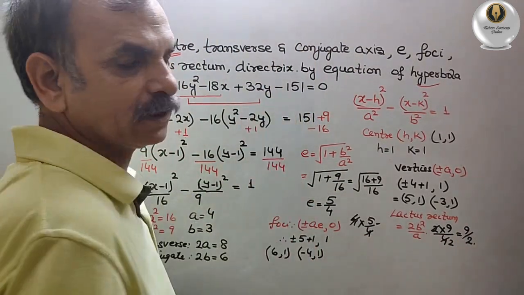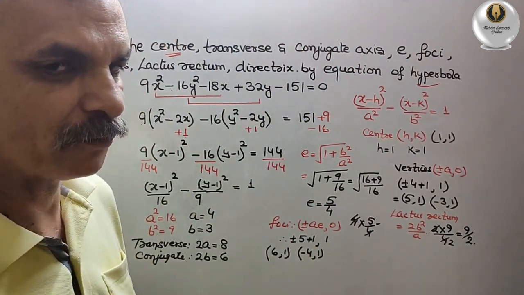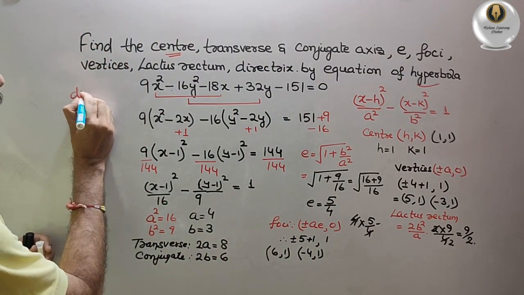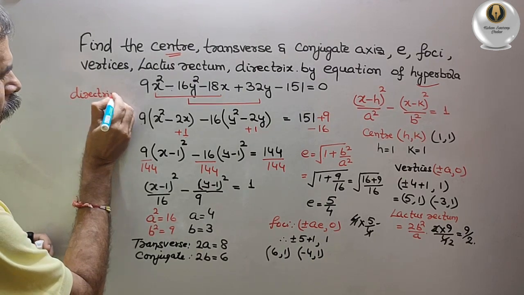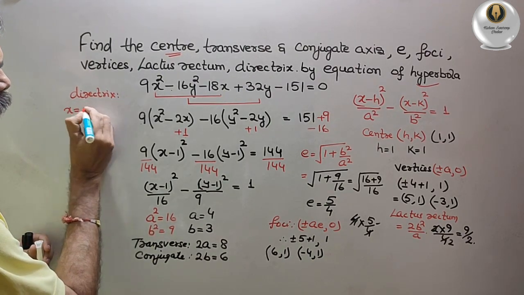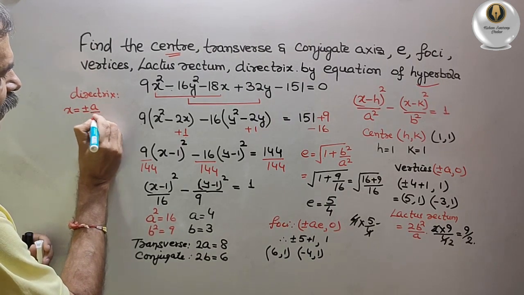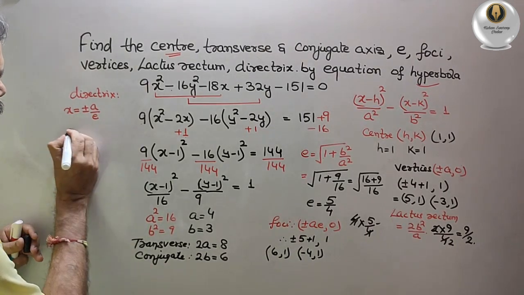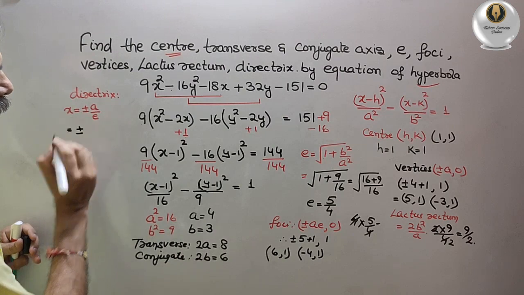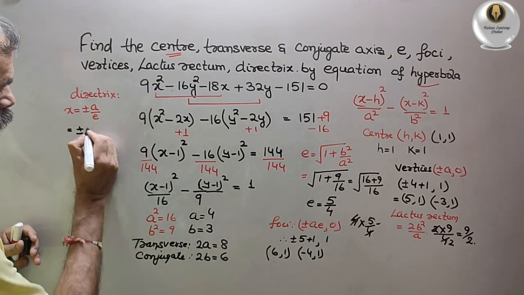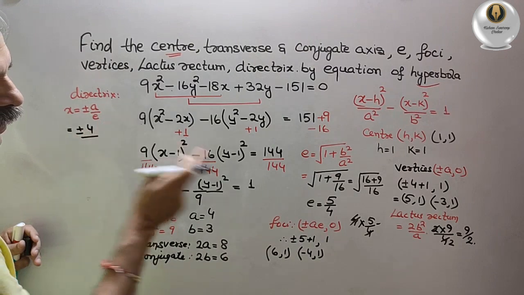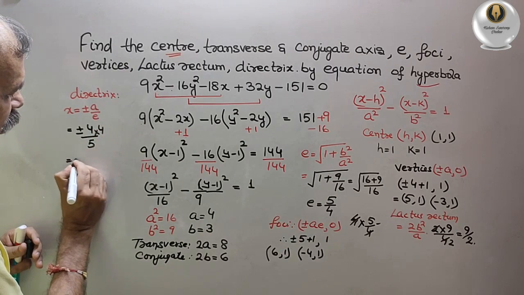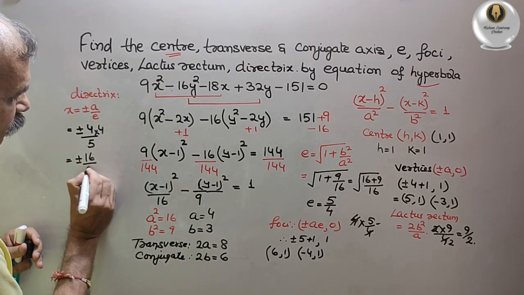Next comes your directrix. What is that? Directrix equation. So we can say its directrix is x is equal to plus minus a by e. So here substitute the value. What we will get? We will get plus minus a. A is 4 and E is 5 by 4. That means 5 will come here and 4 will come here. That means it will be plus minus 16 by 5.